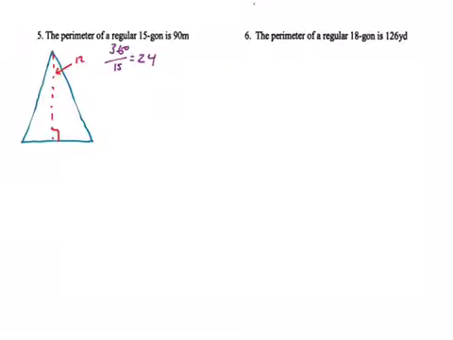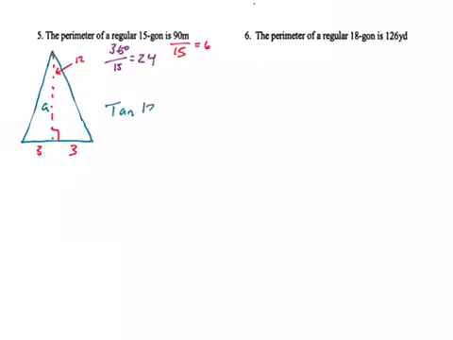They tell us that it's a 15-sided shape that has a perimeter of 90. So to find one side length, we'll divide 90 by 15. And we get that the side lengths are just 6. So that means we'd have 3 and 3. And we're looking for the apothem. This is a lot like the first problems we looked at, because now we're back to using right triangle trig of opposite and adjacent.